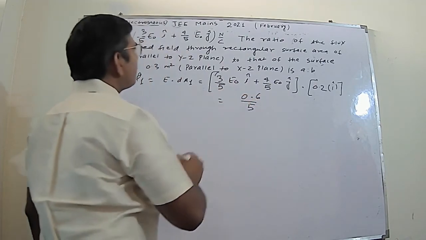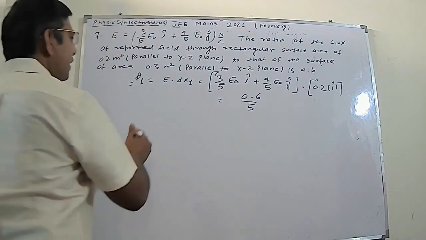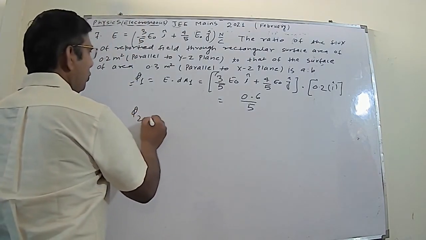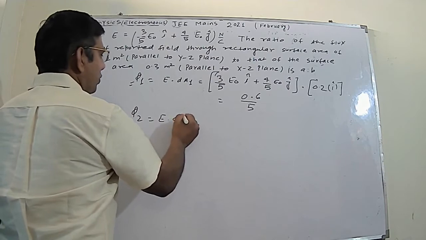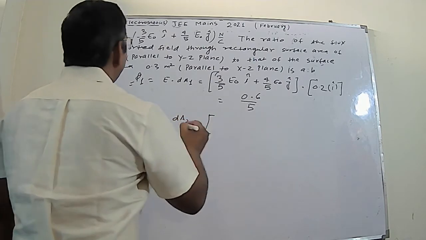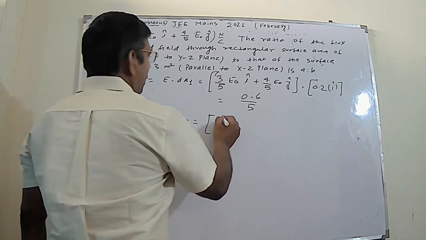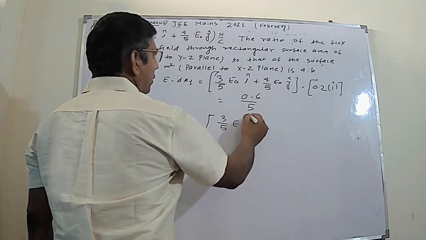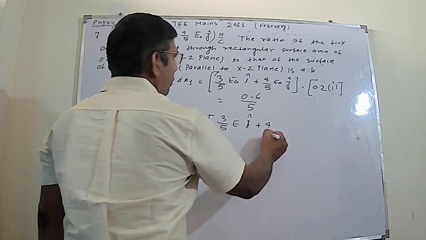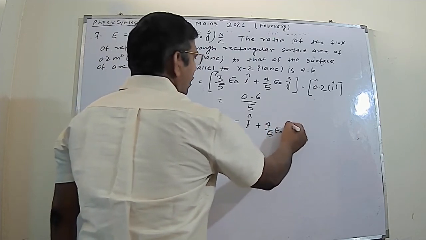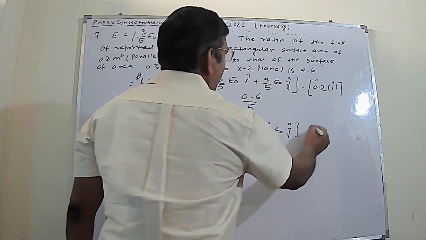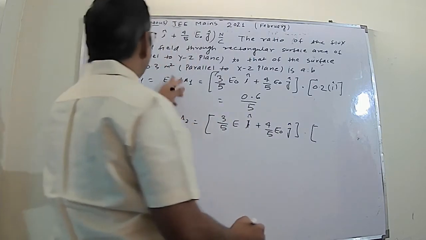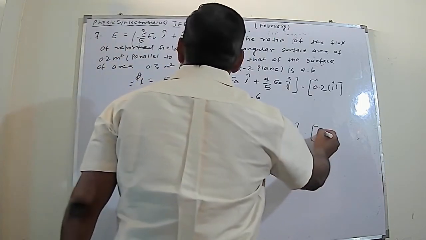So we can apply the dot product here, and it will be 0.6 divided by 5. And for the second case, phi2 will be E dot dA2. So that will be again the same electric field, 3 by 5 E naught i plus 4 by 5 E naught j, but the area is different here.